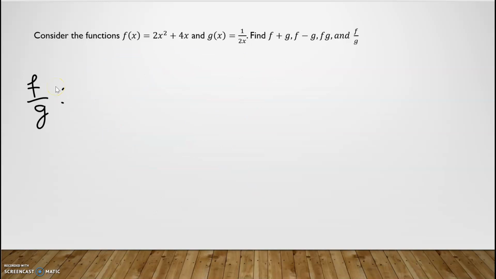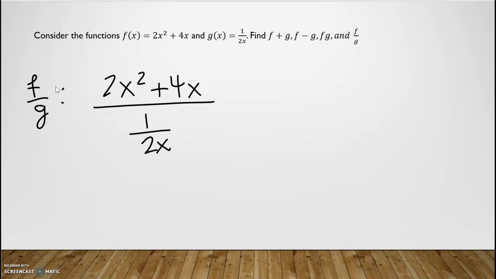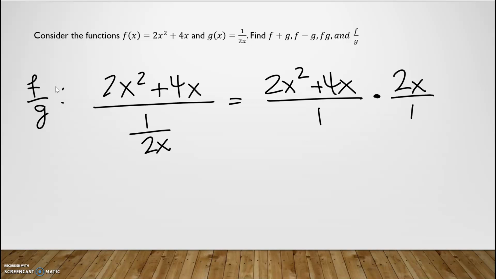Now let's look at f divided by g. So 2x squared plus 4x, all divided by 1 over 2x. So now this is going to be 2x squared plus 4x over 1 times 2x over 1.